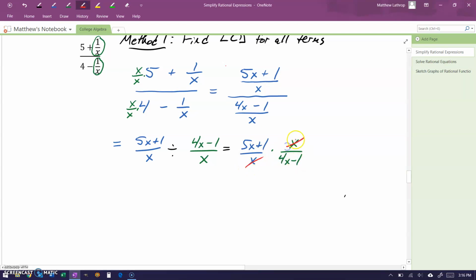What will happen is that our x's will cancel, and we'll be left with 5x plus 1 over 4x minus 1. So in this method 1, we attacked sort of all four of those terms simultaneously.